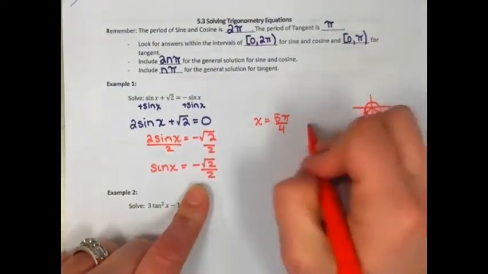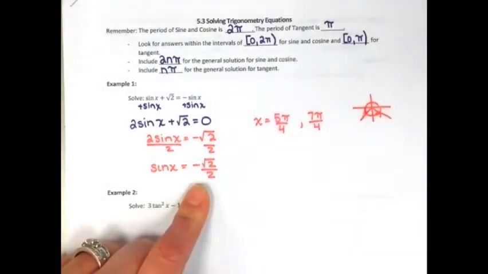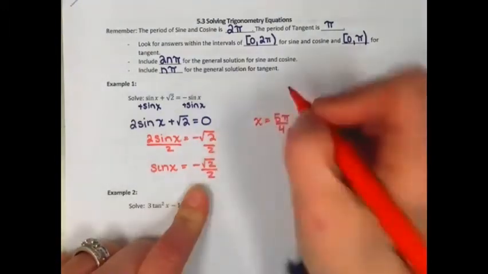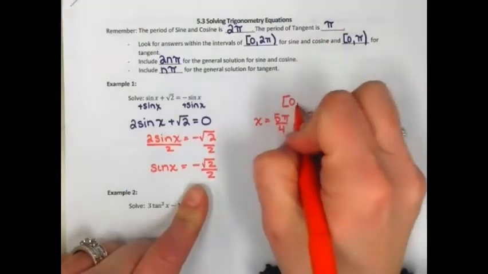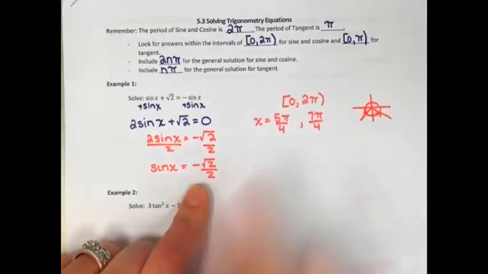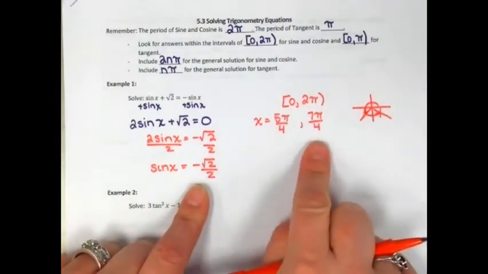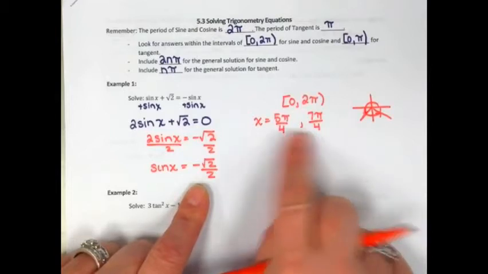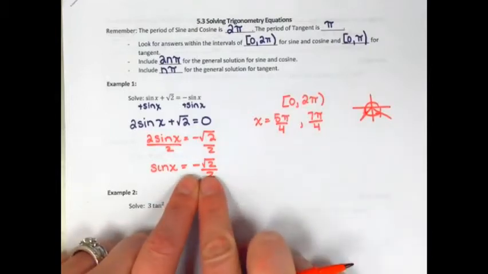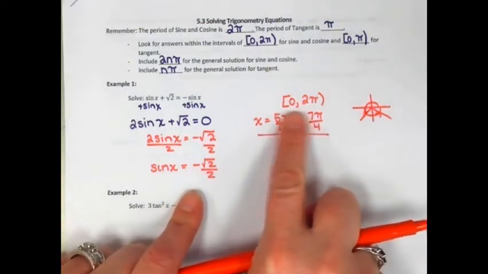Wouldn't that be 7 pi over 4? Because we always want to look for our sine in between the interval of 0 and 2 pi, right? So is it 5 pi over 4 between 0 and 2 pi, and 7 pi over 4? And wouldn't those both give me values of a negative sine? Yeah.